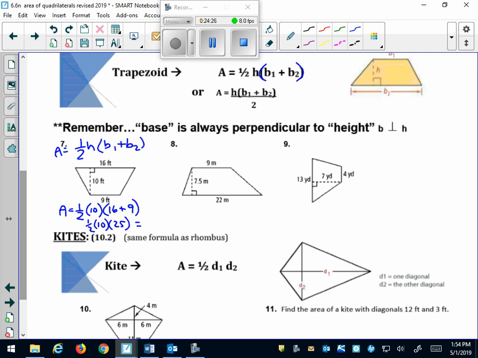And you can also think of it as just being over 2, right? Either one is correct. So I could do 1/2 of 10, and I get 5 times 25. Or I can do 10 times 25 first and get 250, and then take 1/2 of that. It's still 125 square feet. All right, you guys try number 8 and 9. Let's do 8 and 9.